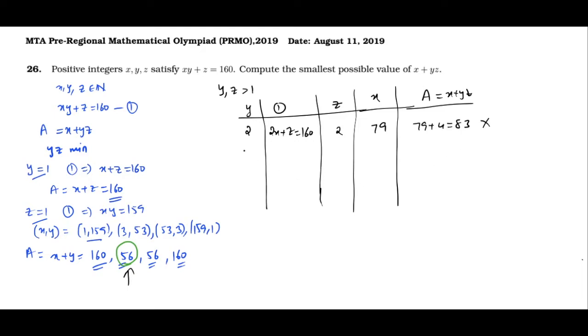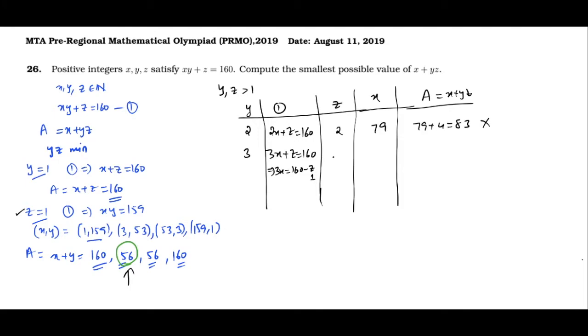Now let us put y equal to 3. If I put y equal to 3 in the first equation, I get 3x + z = 160. This we can also write as 3x = 160 minus z. So if I subtract z from 160, I should get a multiple of 3. I can put z equal to 1 because 159 is a multiple of 3, but the z equal to 1 case is already over.